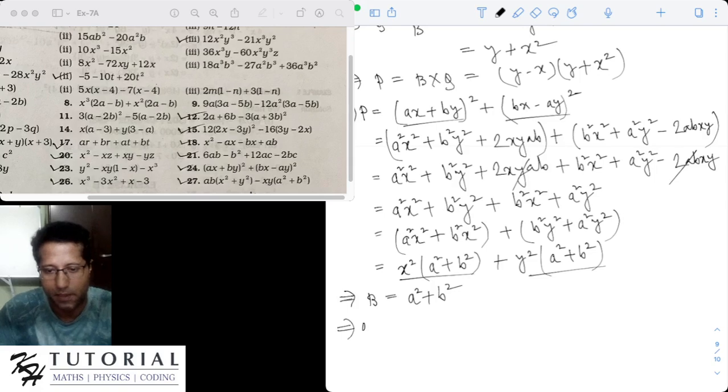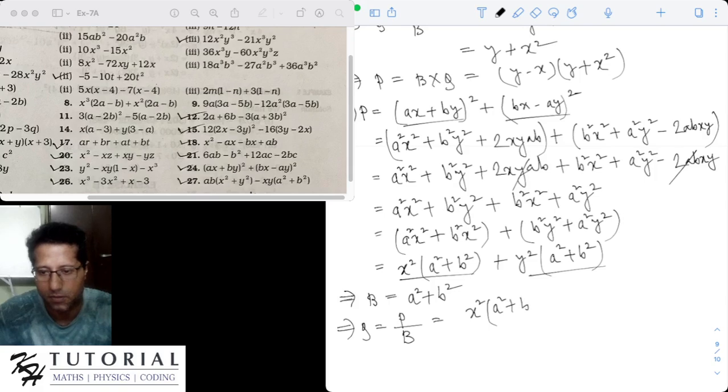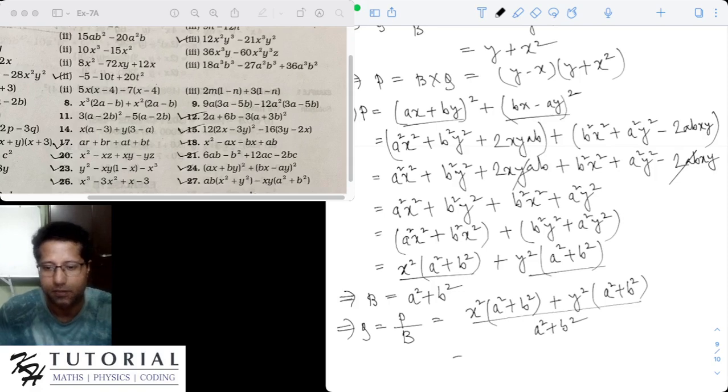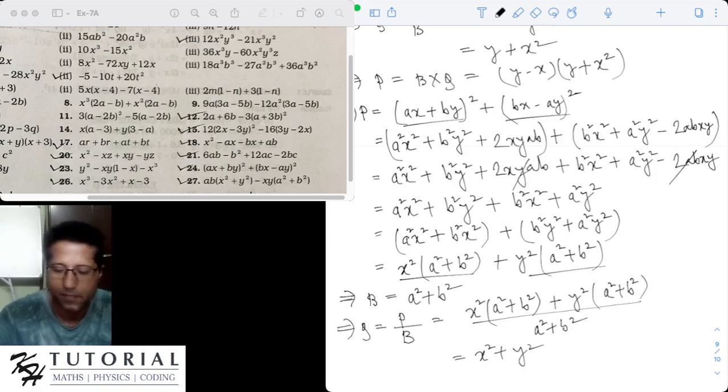So now q will be equal to p by b, which is x square into a square plus b square plus y square into a square plus b square, divided by b, which is a square plus b square. This is equal to x square plus y square.